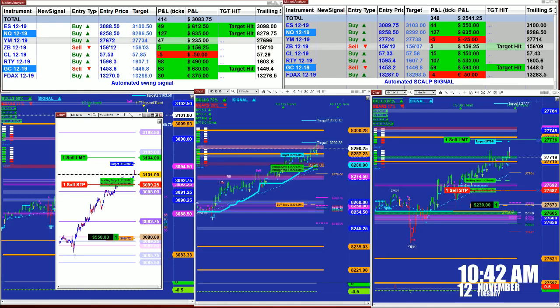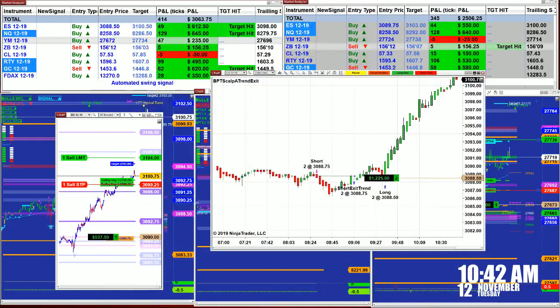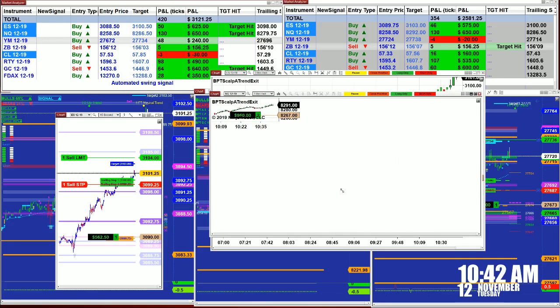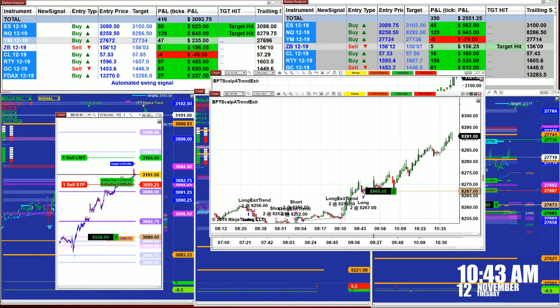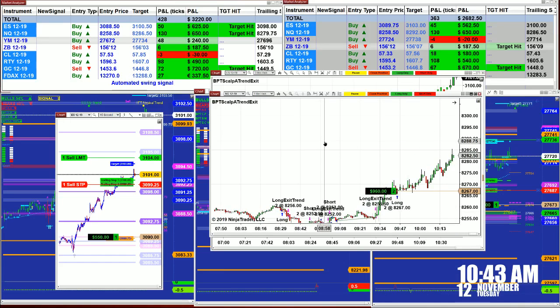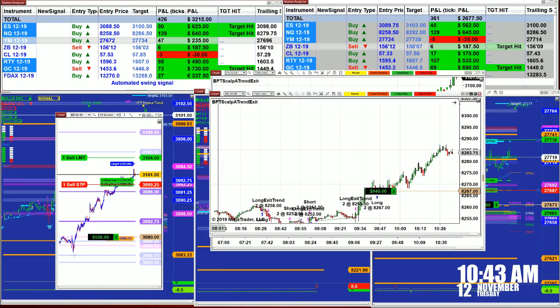On the fully automated trade, we are still on that trade, and it's not given up at all. On the Nasdaq, we are still on that trade, which had a few trades ahead of time, and we are still on that trade.